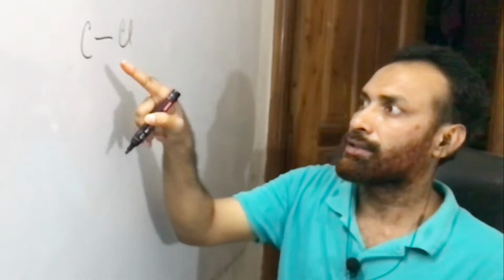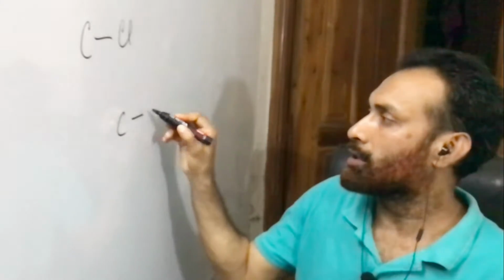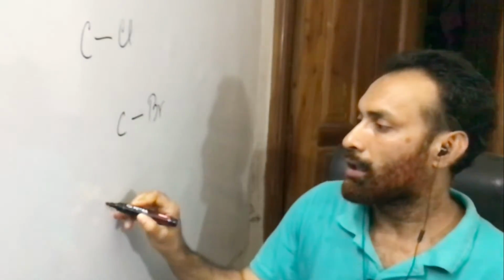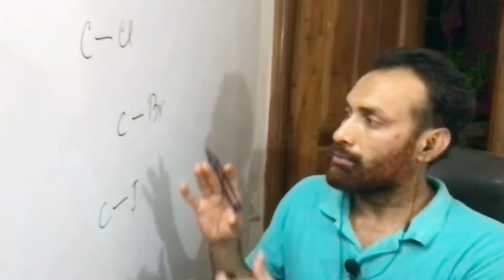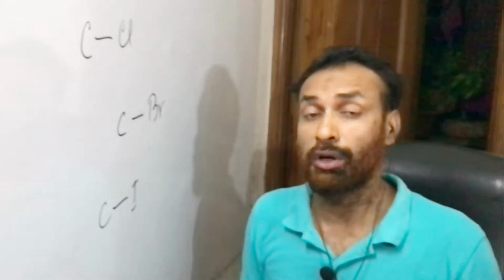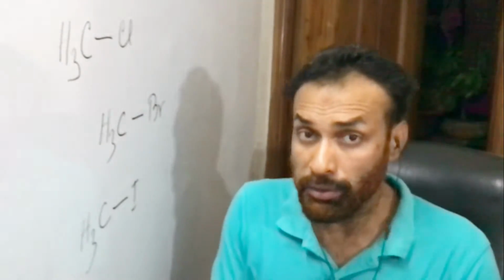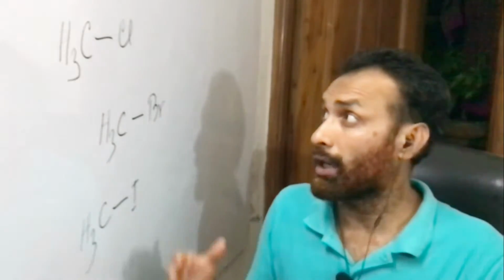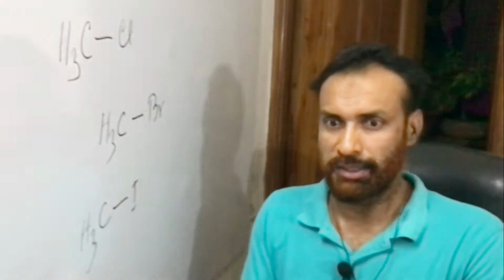Carbon is bonded to chlorine, carbon is bonded to bromine, and carbon is bonded to iodine, like this. And carbon must be bonded with other things, maybe more carbons or hydrogens. So these are organic substances, and your job is to identify the halide present.